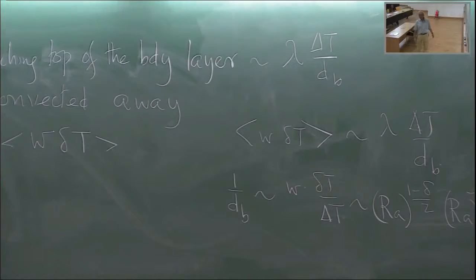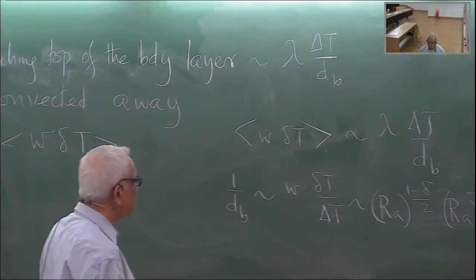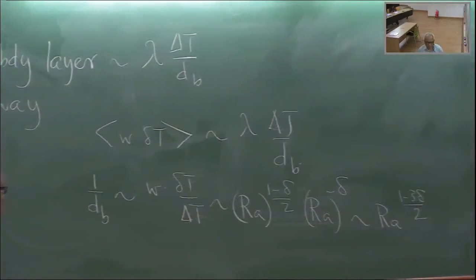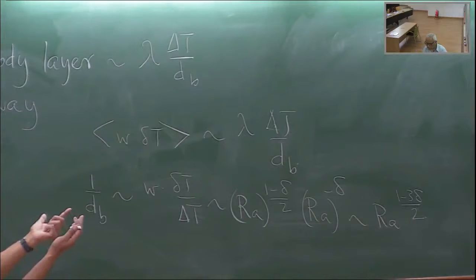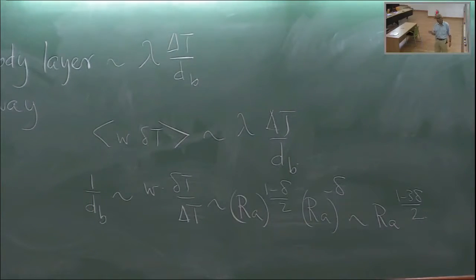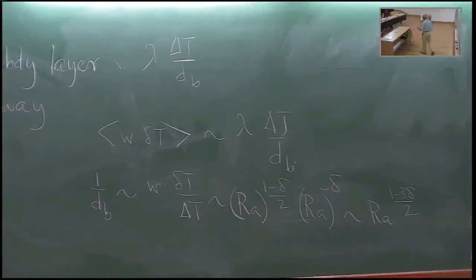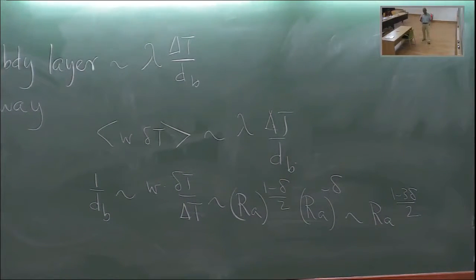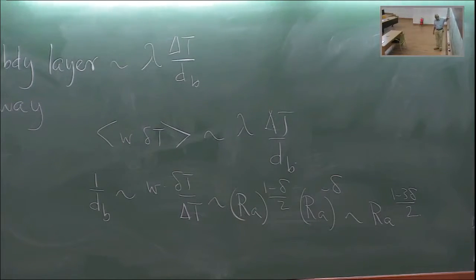All right, so now what am I going to do with this? Well, I can't do anything right now because I don't know delta. So I have to get another expression for this 1 over d_B so that I can remove the delta or calculate the delta. For that, I have come from this end.